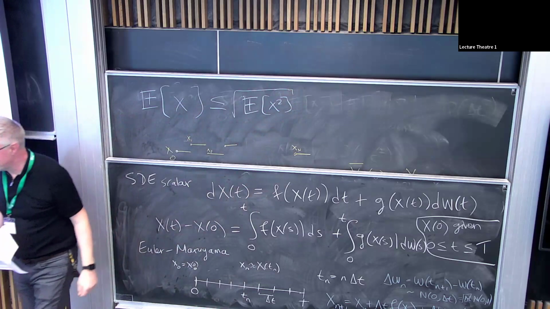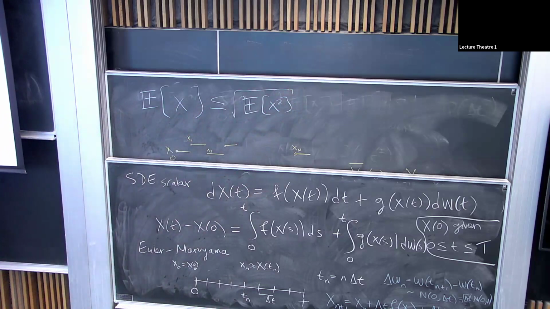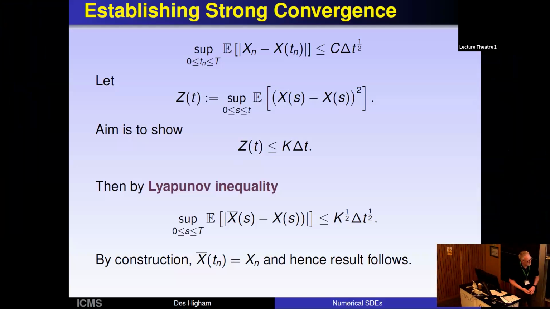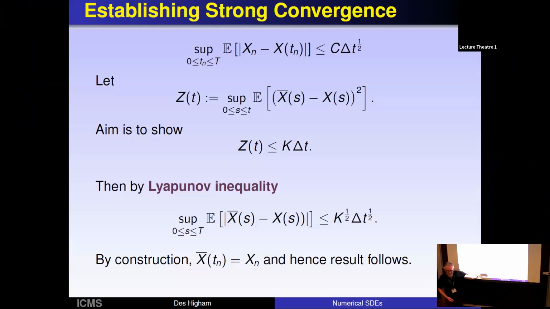Okay, that's always true as long as those things I've written down make sense. You can generalize that to other convex functions, but that's the one we're using. So this is the right way round to do it. We can take square roots in this result, and that will give us delta t to the half for our basic strong convergence. Okay. It's very easy to get this wrong when you're doing analysis and think you proved something when actually you've used it the wrong way around. So watch out for that.